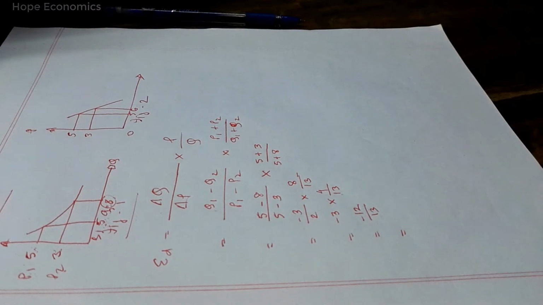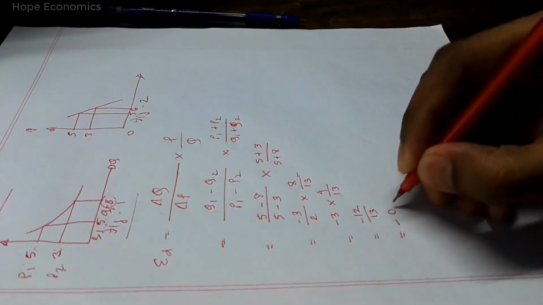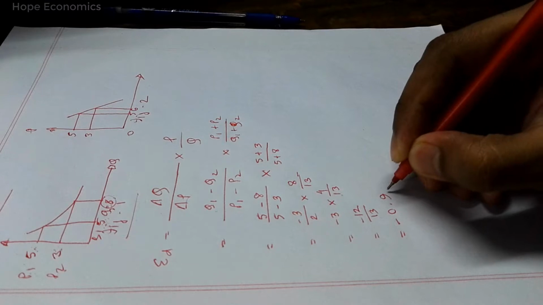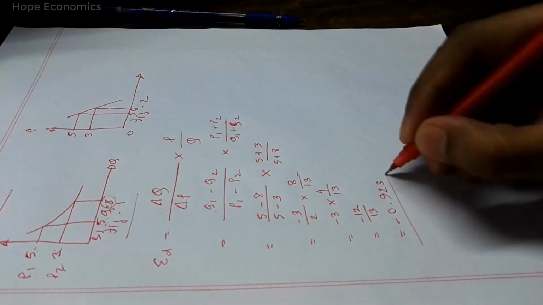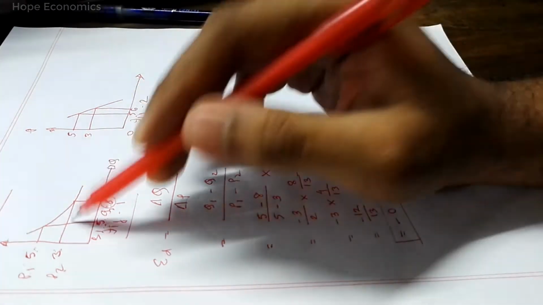So what is the value? 12 divided by 13, so the value is minus 9 to 3. So this is our elasticity value for this curve.